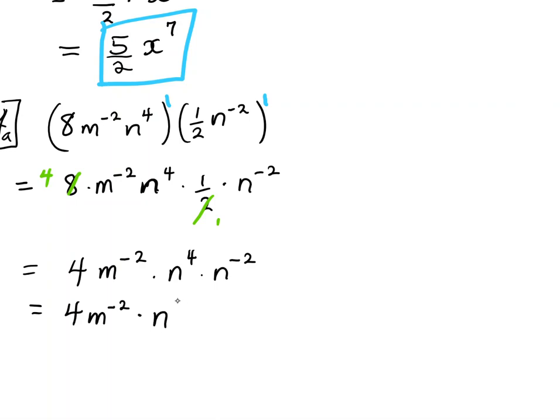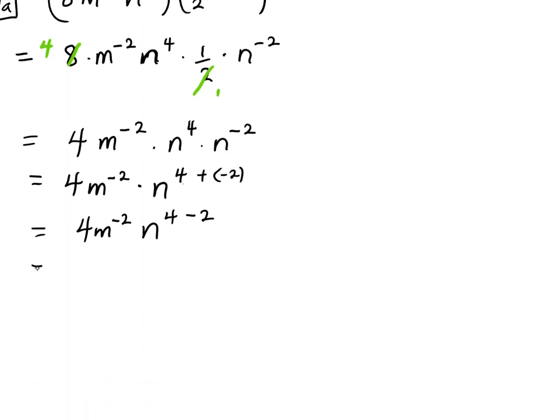So that is n raised to the power 4 plus -2, which is 4 minus 2, giving 2. And now what we do have is 4m raised to -2, n raised to the power 2.